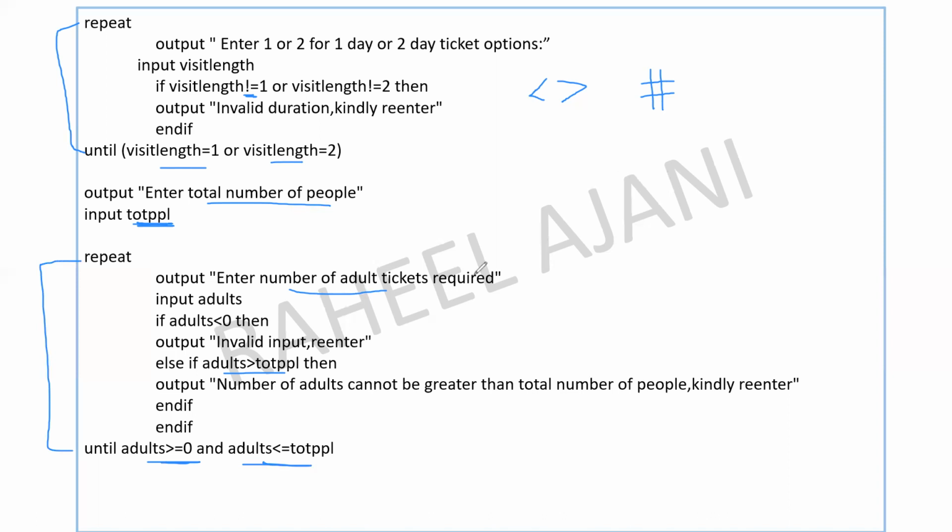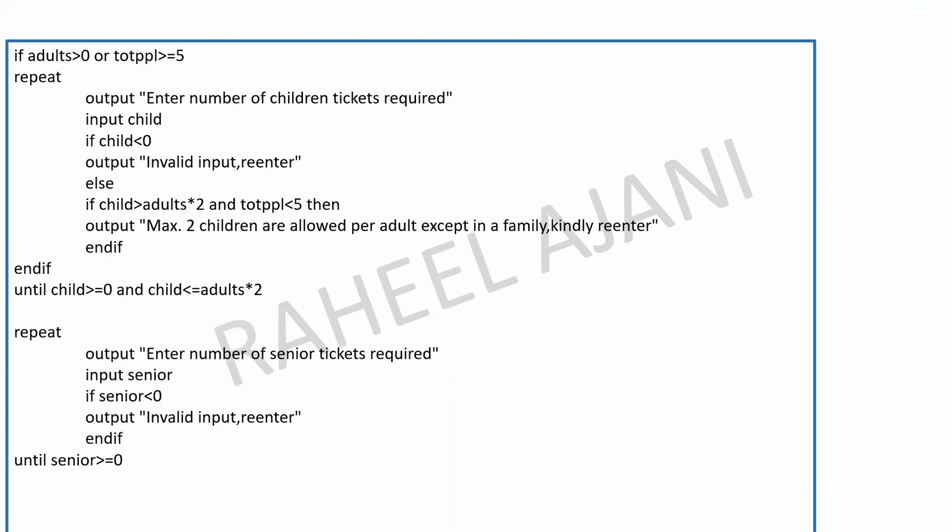Okay, so after this part is done, we move ahead and we come to the next part, where after entering the details for adults, I am entering about children. Now, as far as the children are concerned, you will be allowed to enter the data for children only when there are adults accompanying the child. That means if I say there are 0 adults, then this option will not be asked.